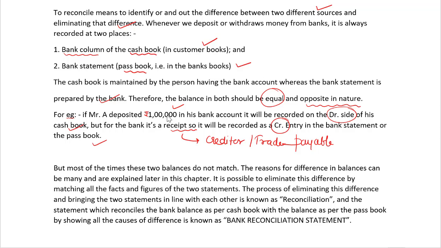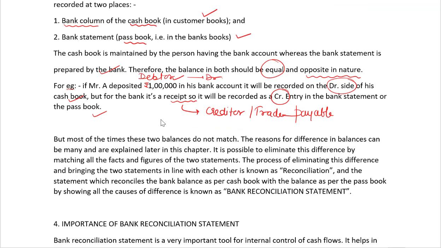It is absolutely clear. Mr. A will treat the bank as debtor, and that is why he will debit the balance, and the bank will treat Mr. A as creditor or trade payable, and that is why they will credit this amount.